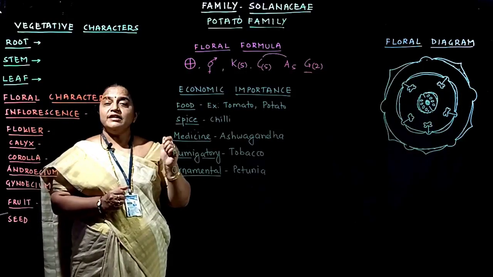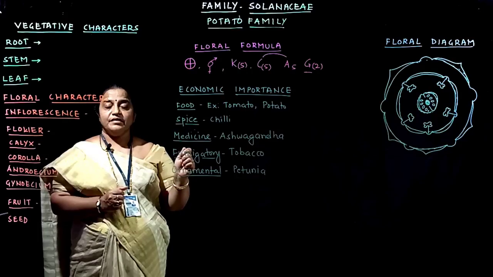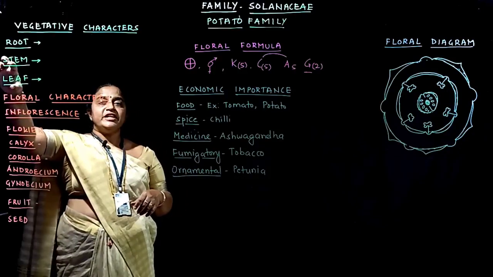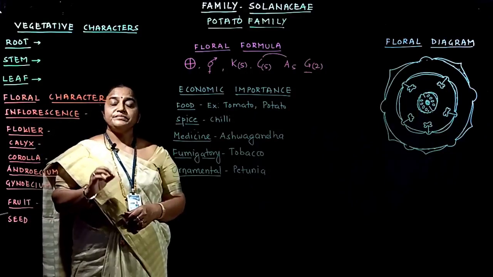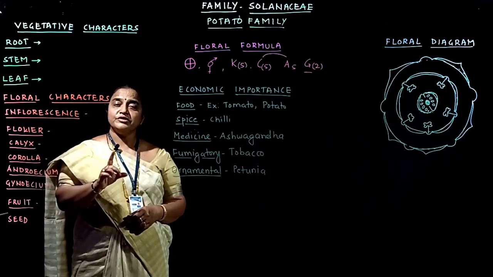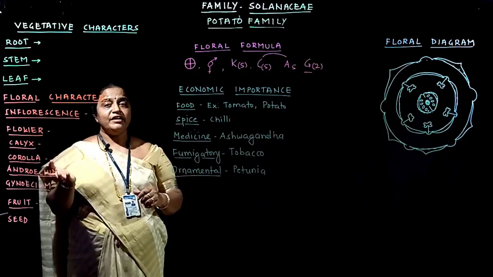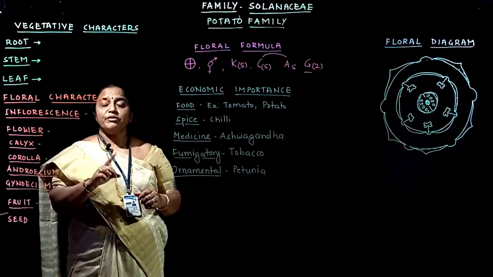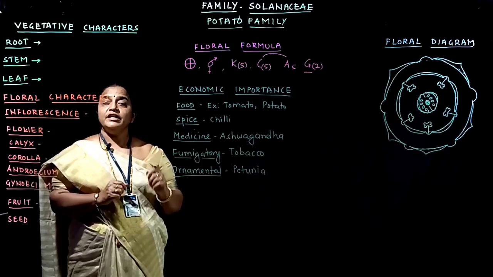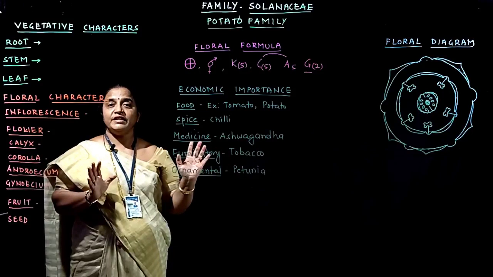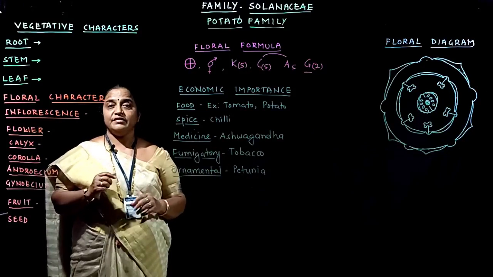When you talk about the distinguishing characters, while writing them you have to summarize the vegetative characters. For example, the plants are herbs, shrubs, rarely trees, with taproot system having herbaceous, profusely branched stem. Leaves are alternate, exstipulate, lamina shows reticulate venation. This will be the first character.